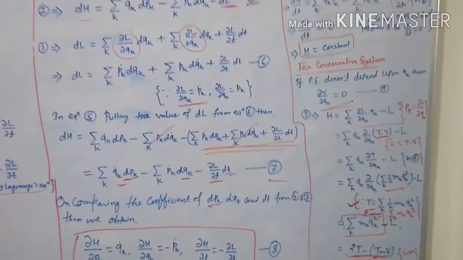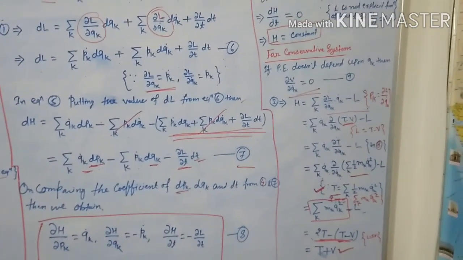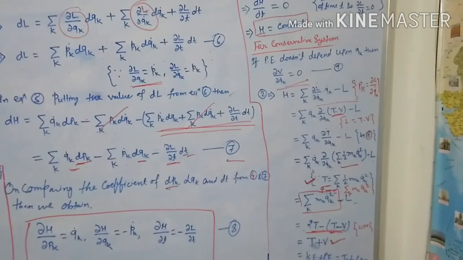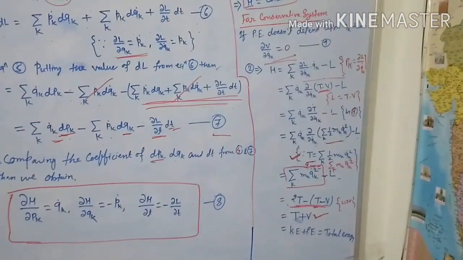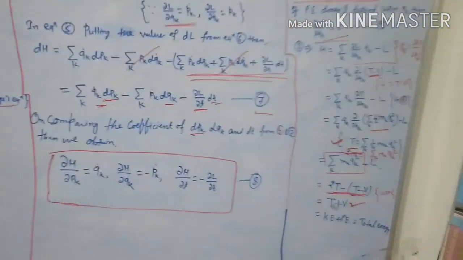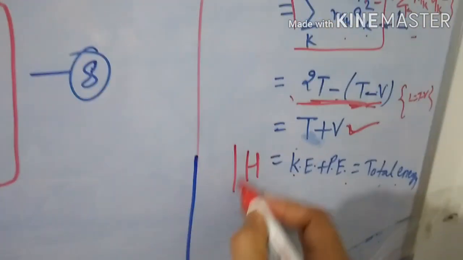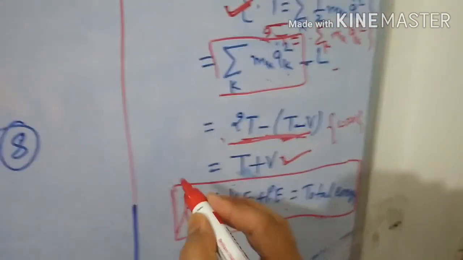Thus, for a conservative system where the coordinate transformation is independent of time, the Hamiltonian function H represents the total energy of the system, that is H is equal to kinetic energy plus potential energy, which is equal to total energy.